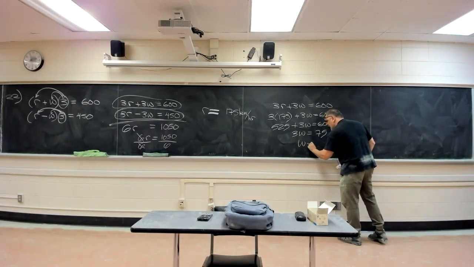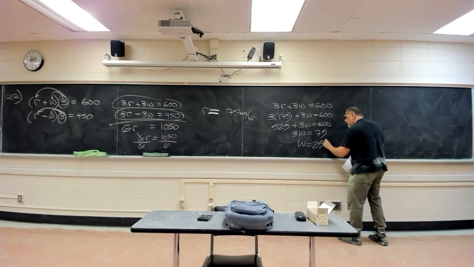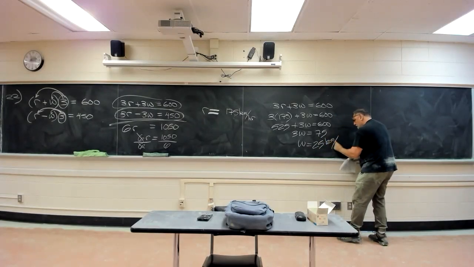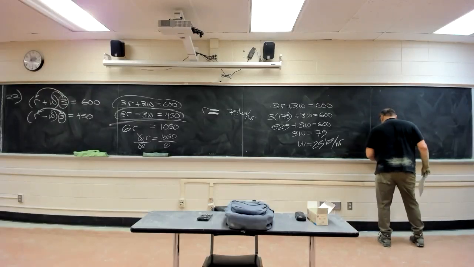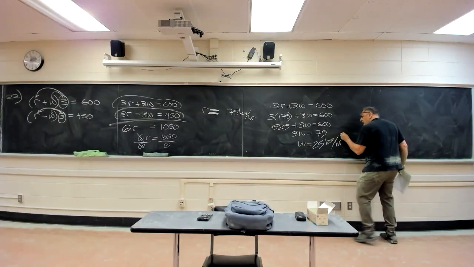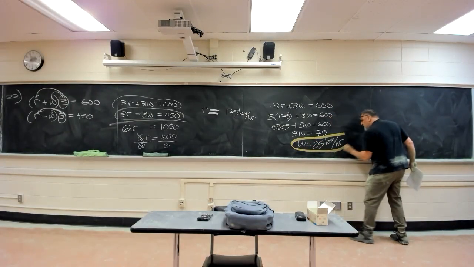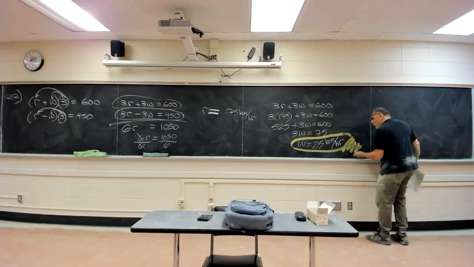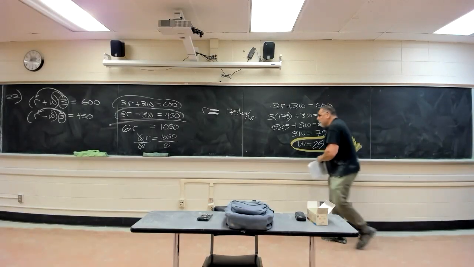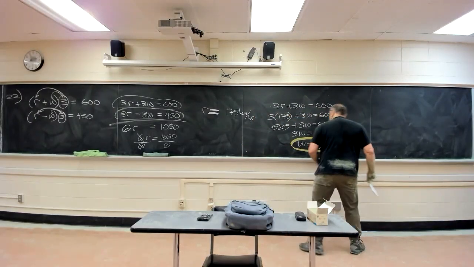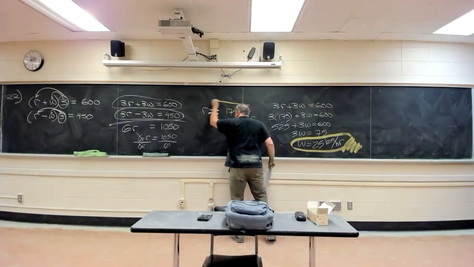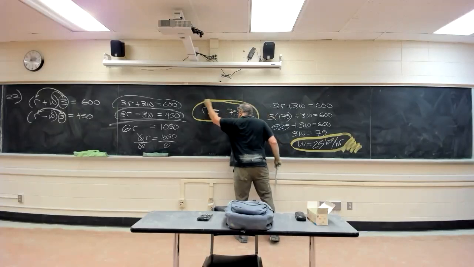Divide by 3 on each side. There it is. Looking pretty good. The speed of the wind in this particular problem is 25 kilometers per hour. The speed of the airplane in still air is 175 kilometers per hour.